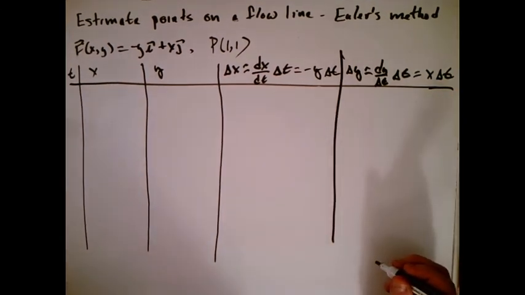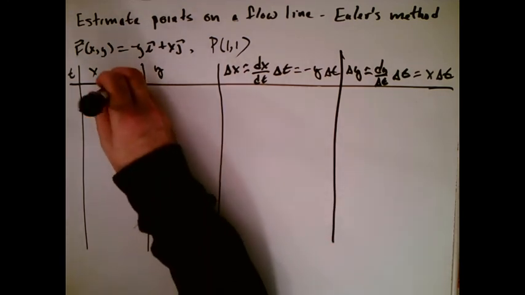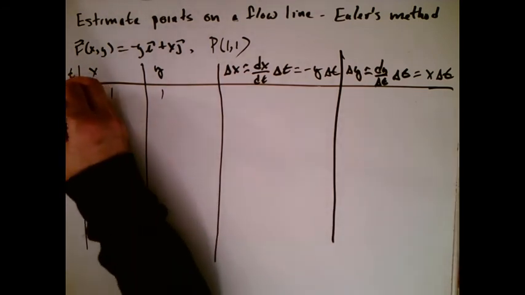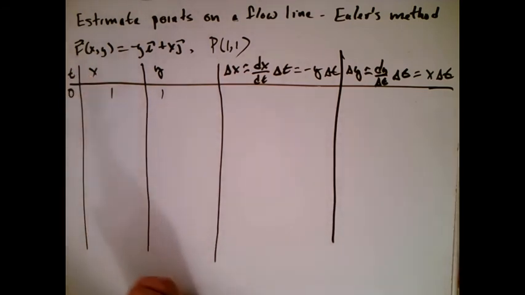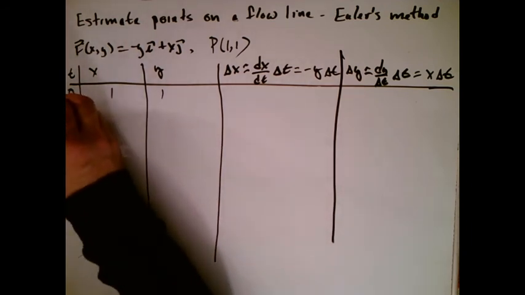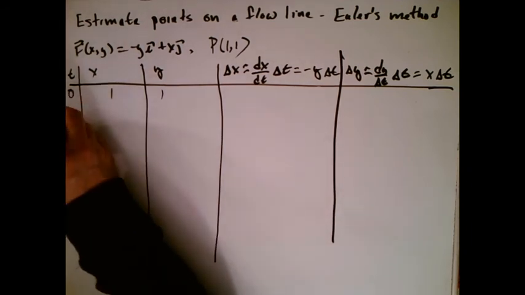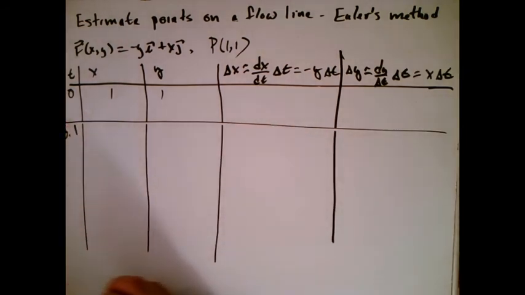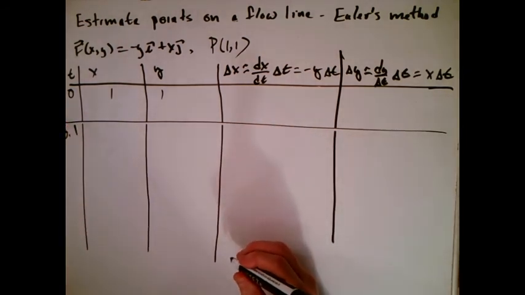Now, whenever you do Euler's method, you need to pick a starting point, and I already did. You need to pick a delta t that you're happy with. I'm going to pick a delta t of 0.1. I'm going to calculate my change in x.